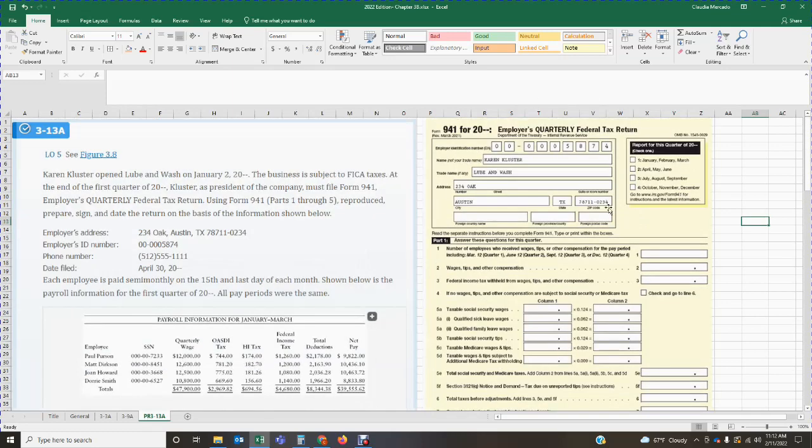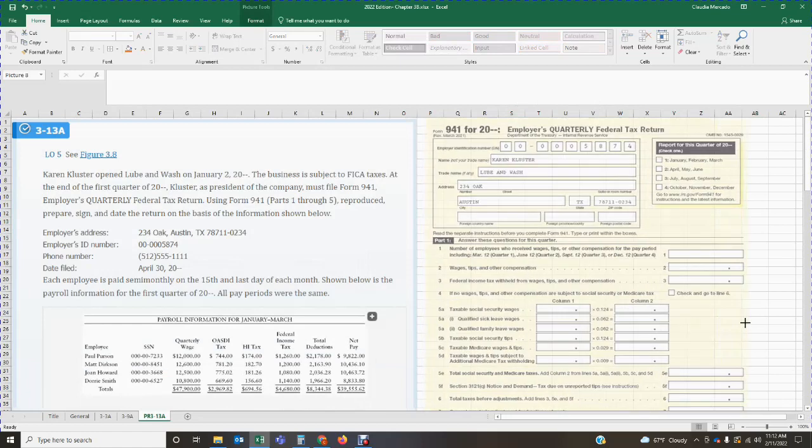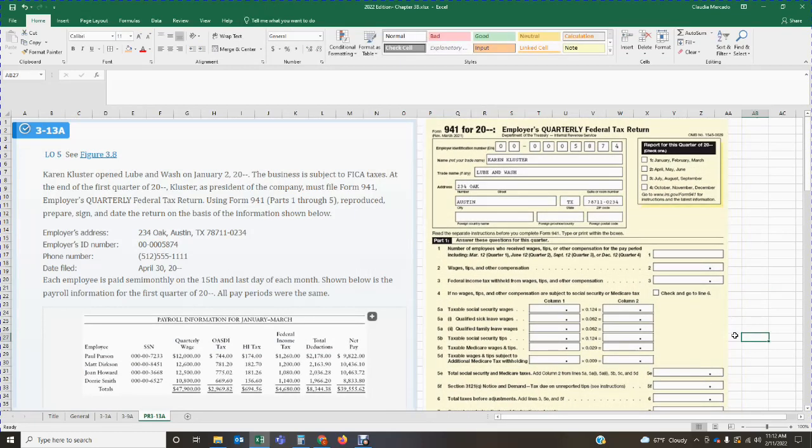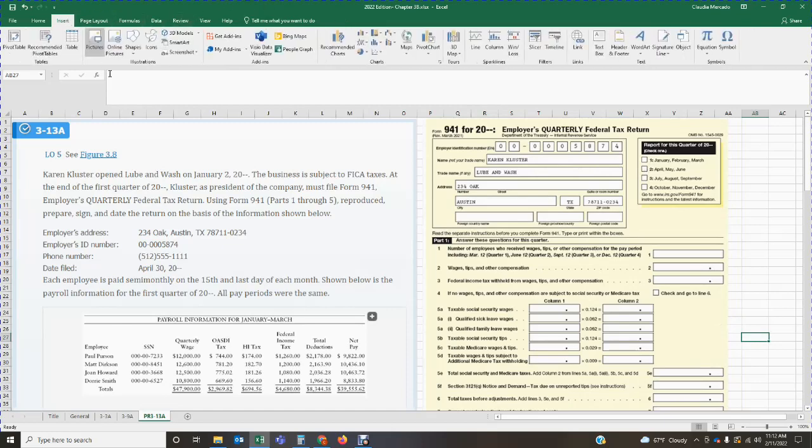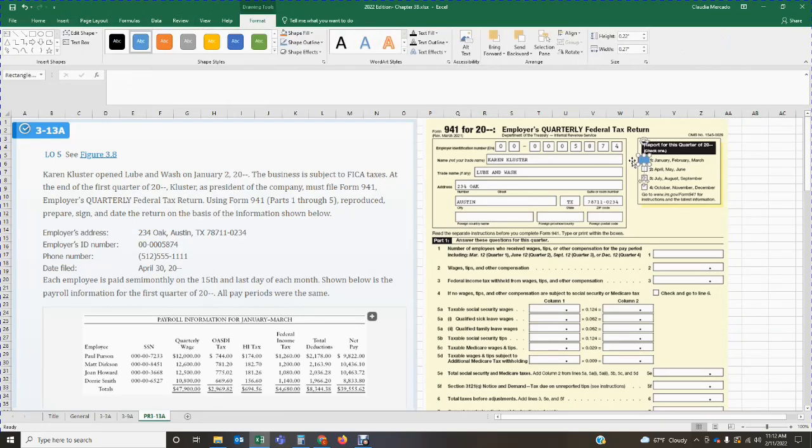Okay, so we've got the form up here. Let me just try to make it a little bit bigger. There we go. Okay, the first thing that we have to do is select the quarter that we're in. Okay, so like last time, this form is not interactive. I have to basically just create text boxes and put the information in there.